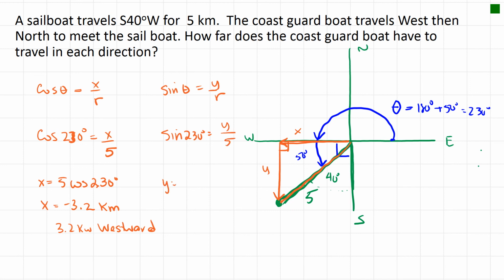So y is 5 sine 230. And we get an answer of negative 3.83. Again, the negative is expected because we can see that the y value is negative. So this means that the boat has to go 3.83 kilometers southward.